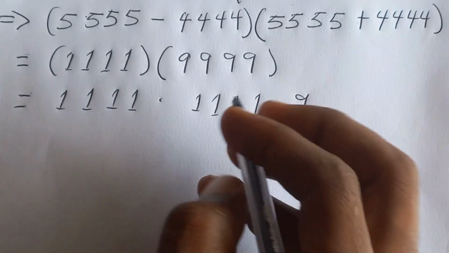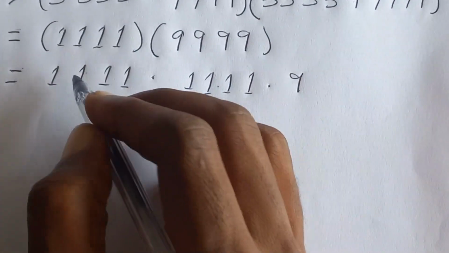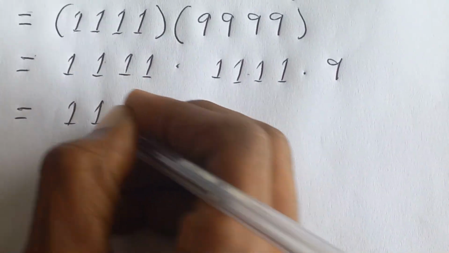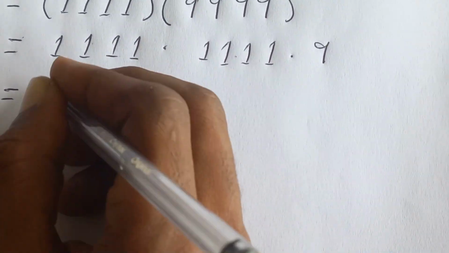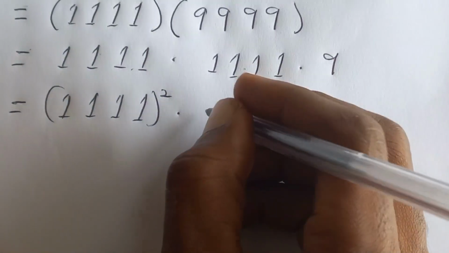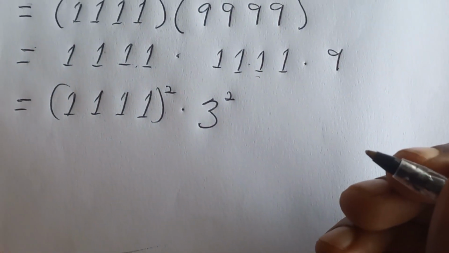This one we can express as a square, 1,111 squared, also 9 we can express as 3 exponent 2, which is 9.